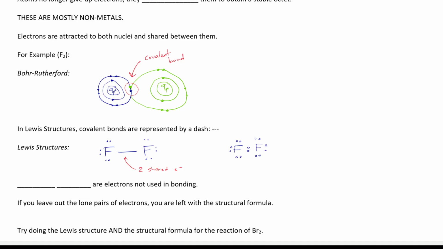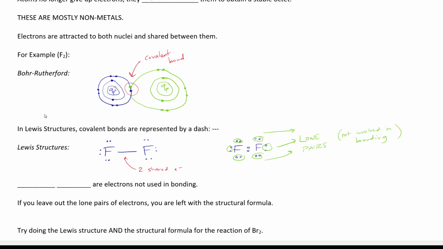The electrons that surround these atoms, so these electrons that were not involved in bonding, are called lone pairs. Those are lone pairs of electrons. Those were not involved in bonding.